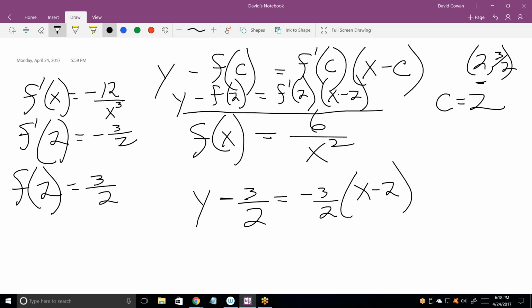Now, if I distribute this, what do I get? Let's see, I get minus 3/2 x plus 3. And then I move the 3/2 over, so I get plus 4.5, which is 9/2.